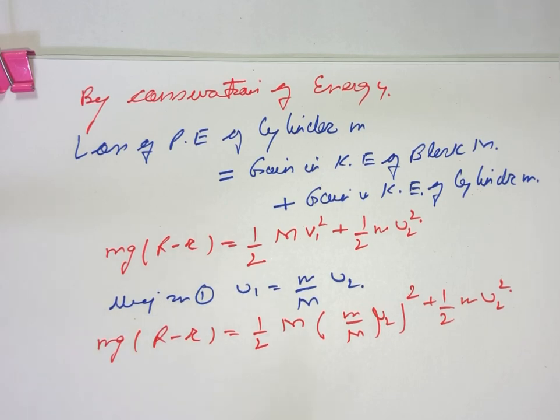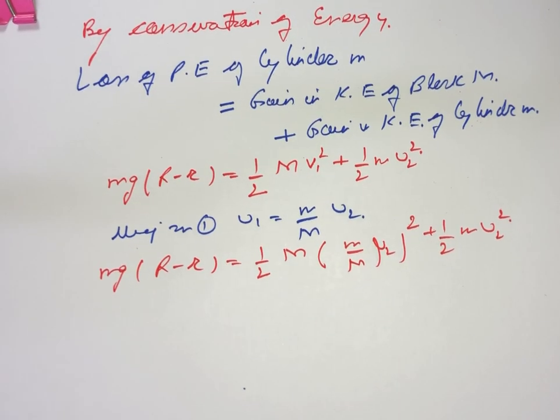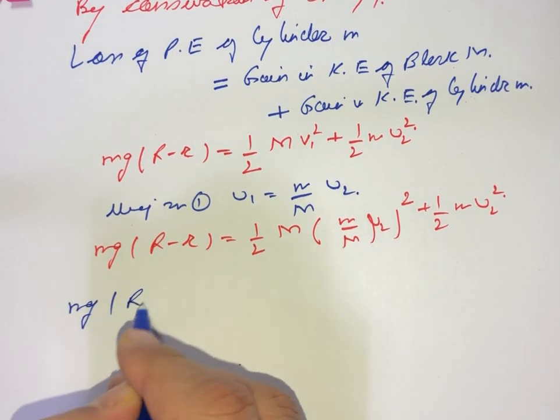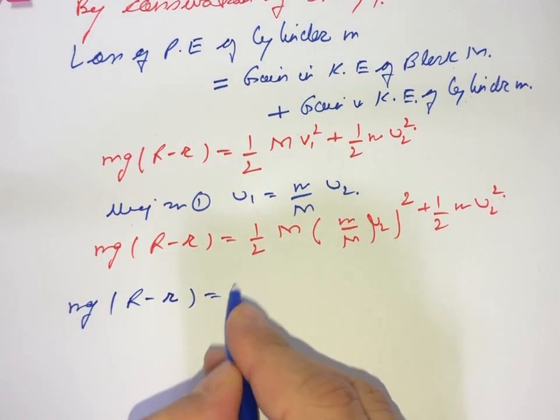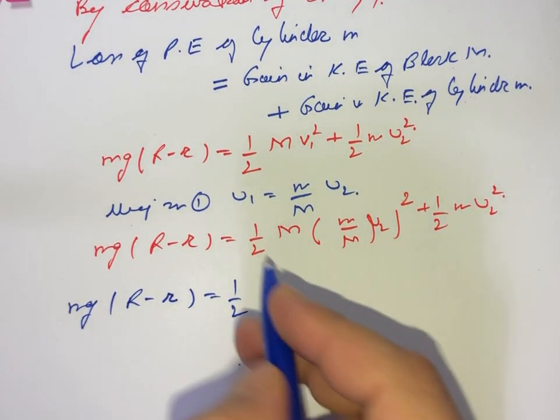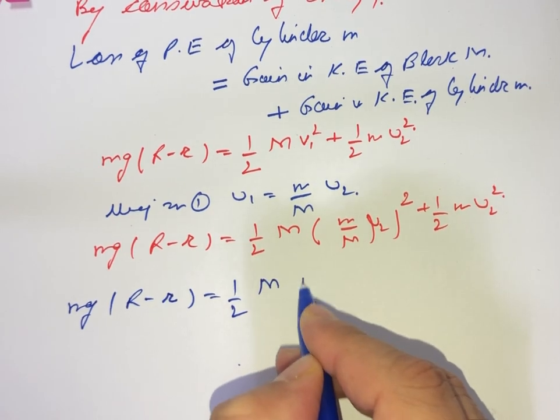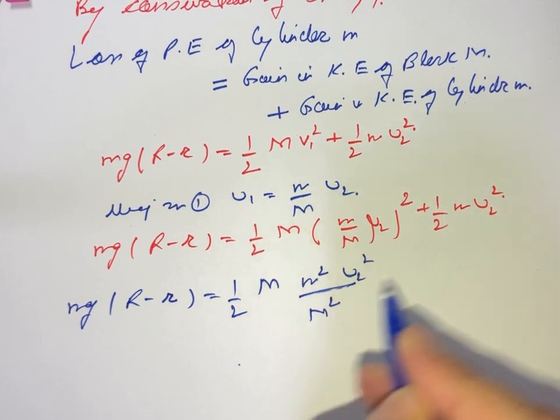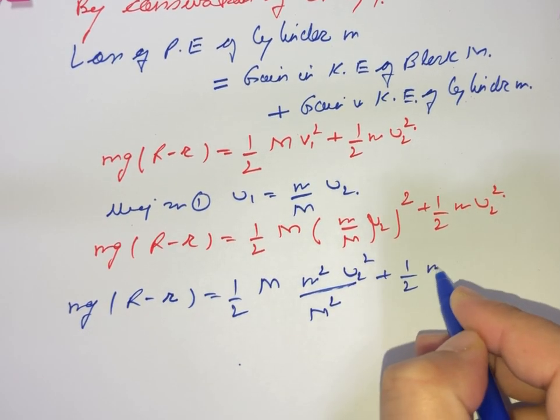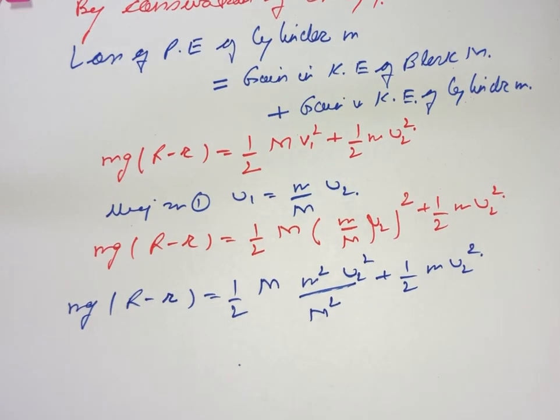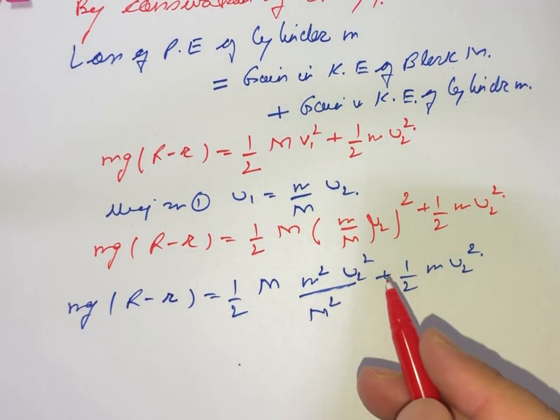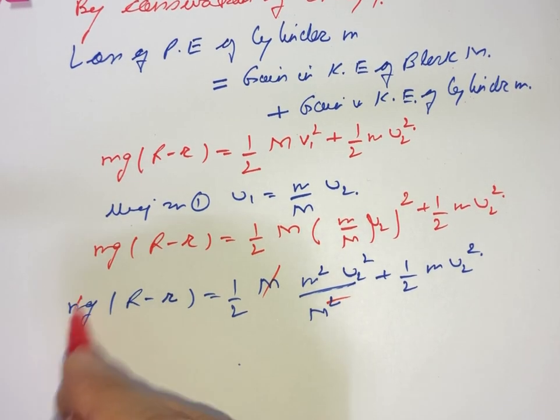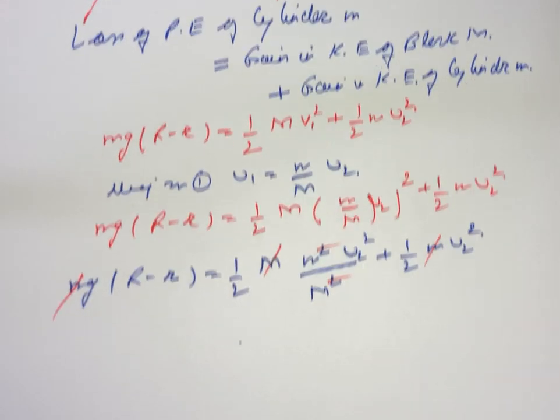If we open the bracket, this is equal to half m square v2 square over M plus half m v2 square, and we can cancel this m.